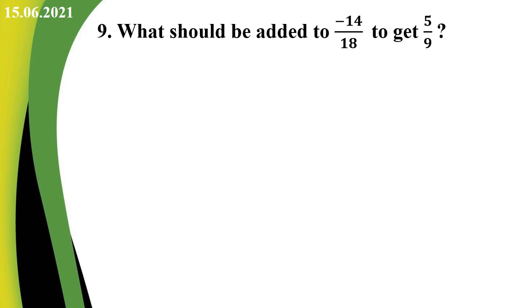Let's see the 9th problem. What should be added to minus 14 by 18 to get 5 by 9? Let us find the solution. First we should know the meaning of the question. Here one rational number is added to minus 14 by 18. That rational number we don't know, so we have to find that value.